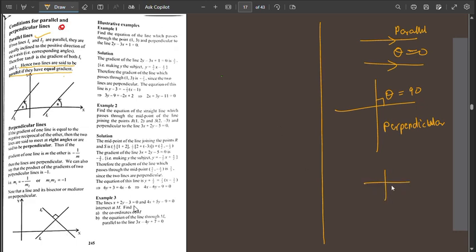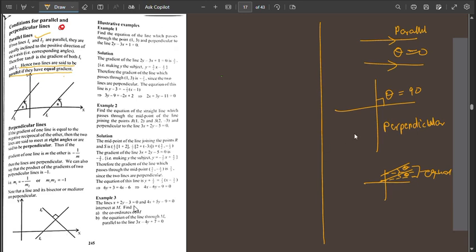If I draw the Cartesian plane and I draw this line and another line, and another line, because these lines are parallel, if I measure the angle they make with the positive x-axis, like for instance, if I bring the positive x-axis here, this angle here, and if I bring the positive x-axis here, this angle here, they all make an angle with the positive x-axis, and these angles will be equal since they are all parallel. When two lines are parallel, they make the same angle with the positive x-axis.